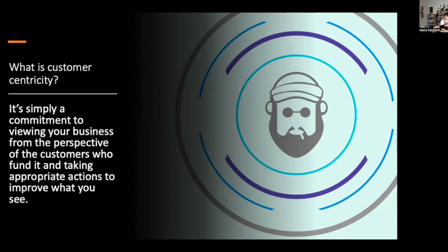And am I taking appropriate actions to improve and remedy if there is feedback coming my way, right? So that's what customer centricity is all about, as simply as it is. Right? And like I said earlier, this is relevant not just for enterprises, but also for internal idea development, internal customers.